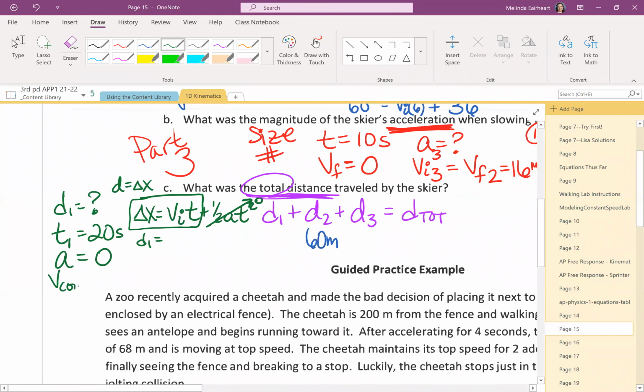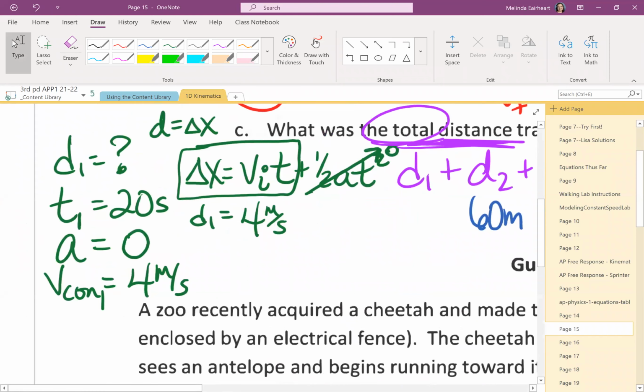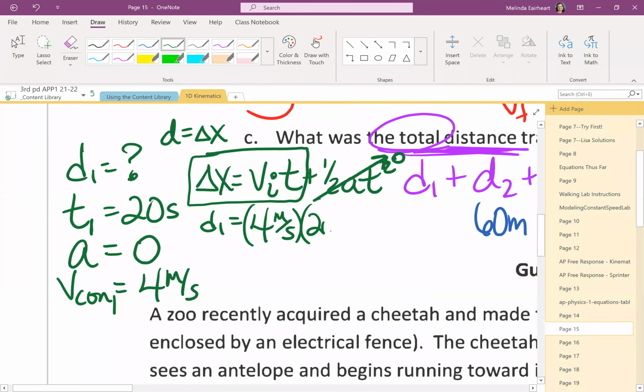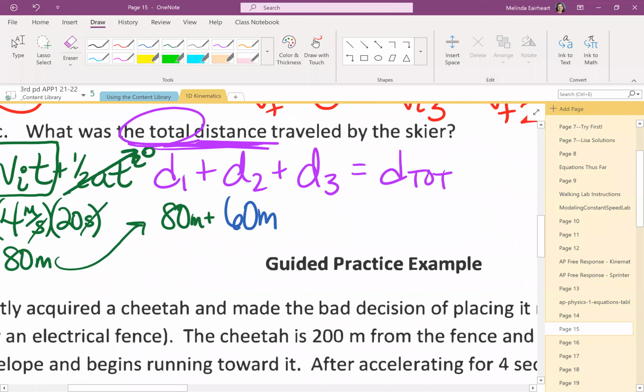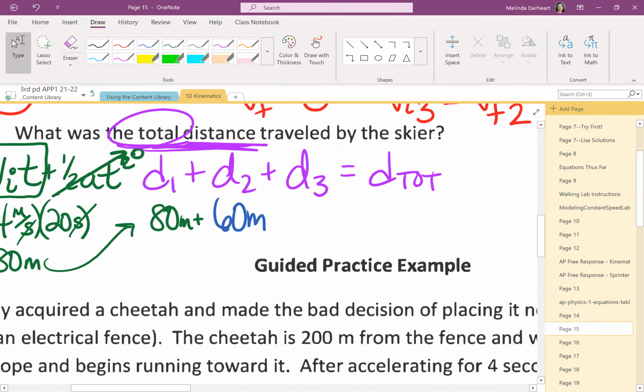And so 4 meters per second for 20 seconds, and we get D1 as what? 80 meters. And so I can plug that into my summative statement, D1 plus D2 plus D3. And so 80 meters plus 60 meters, only one more to go before the total.